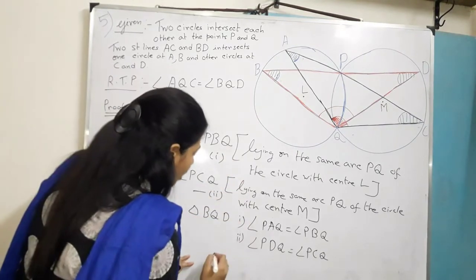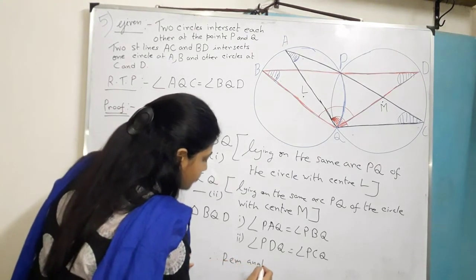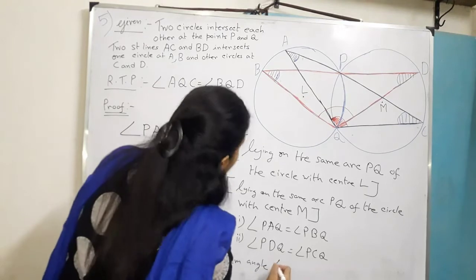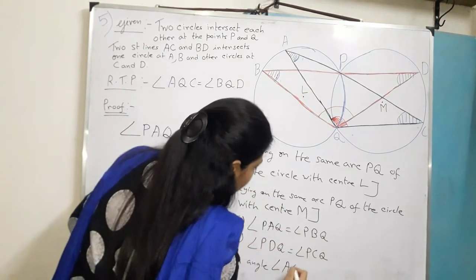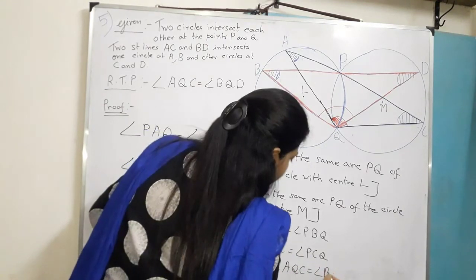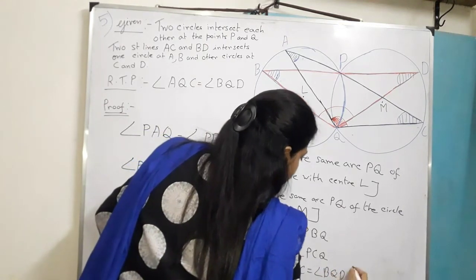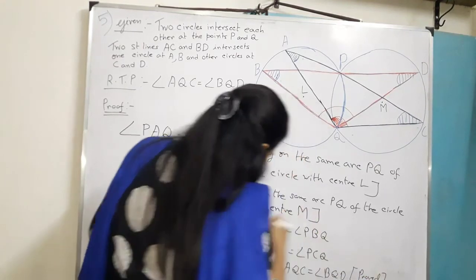So I will write it down. Therefore, the remaining angle, that is angle AQC, equals angle BQD. That is proved here. It was RTP.